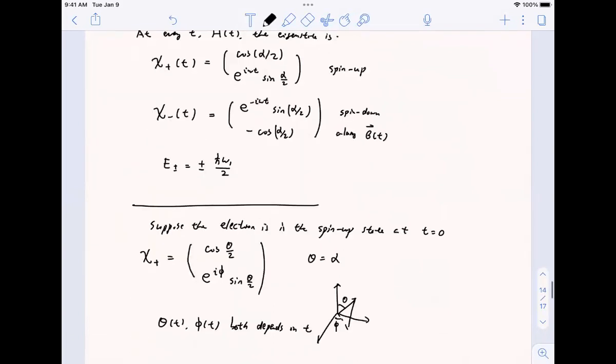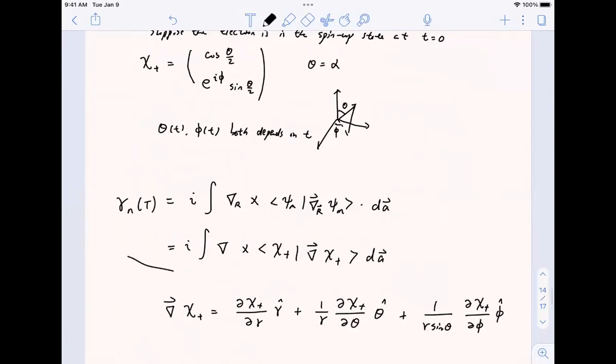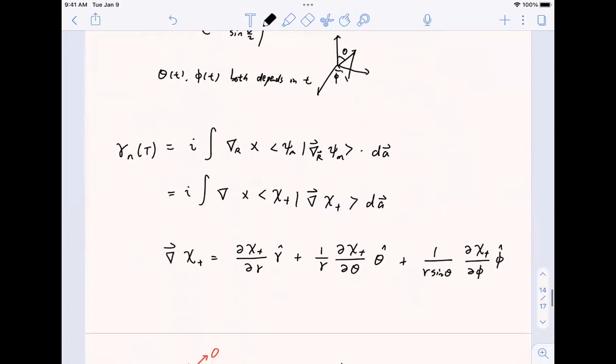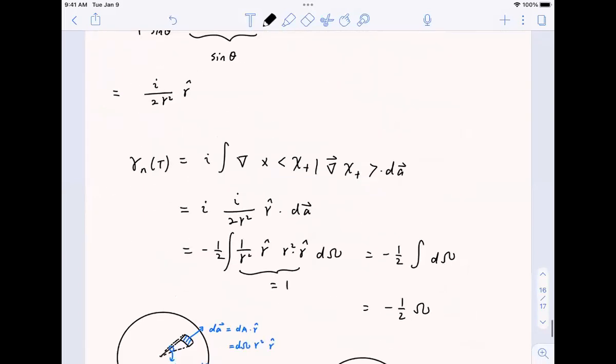Then you pick this eigenstate, put it in the appropriate coordinates, and plug into this formula. It's a bit complicated when you have multiple components: you do gradient first, do the product first, do curl first, and then you do the integration. There's some algebra there, and eventually you get a Berry phase.